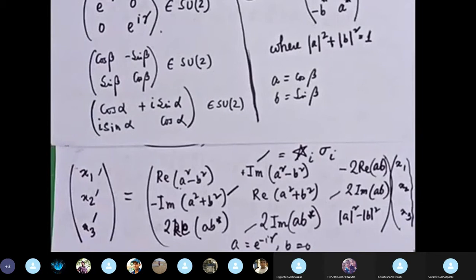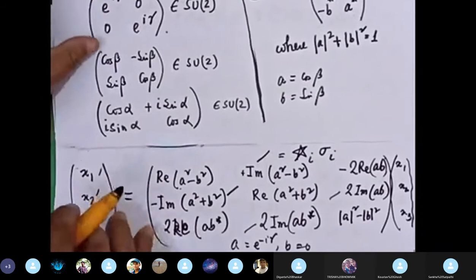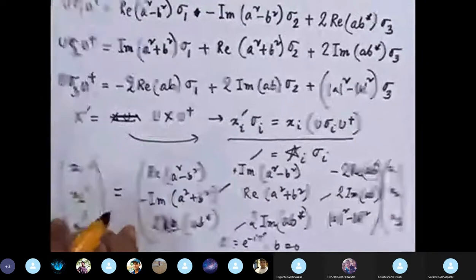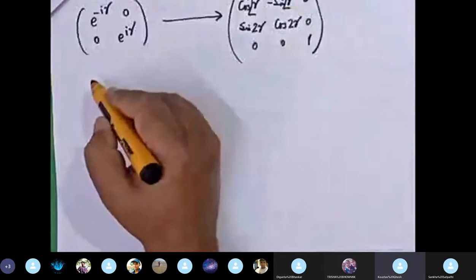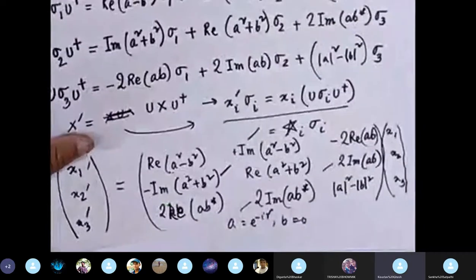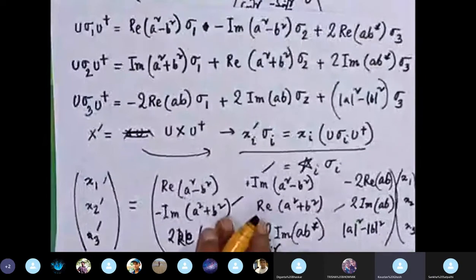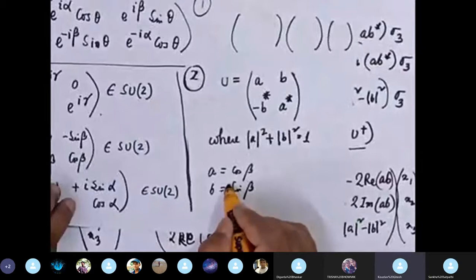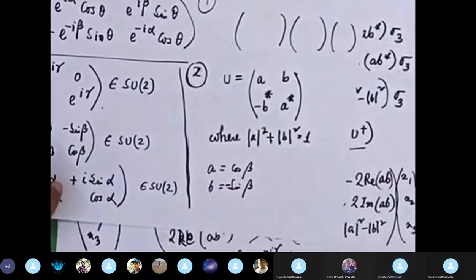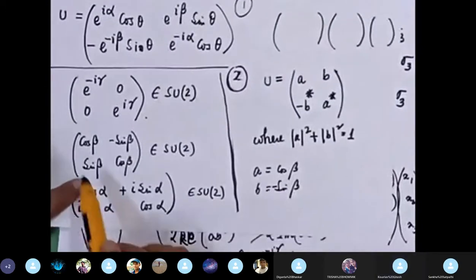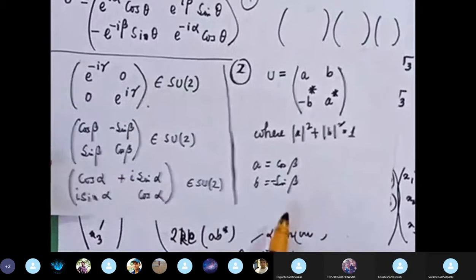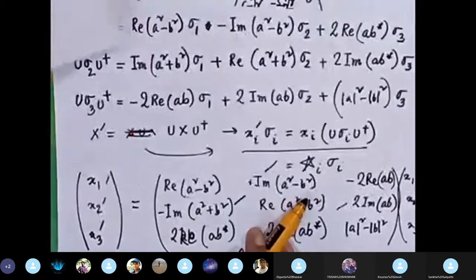Clear? Because A, B are real numbers. And B will be minus sin beta, I think. That is immaterial. You could have written minus sin beta here also.